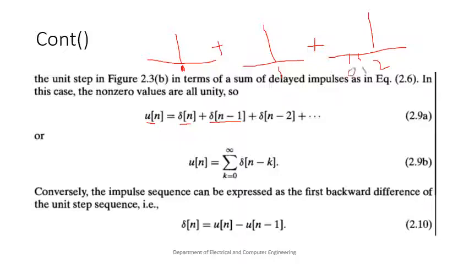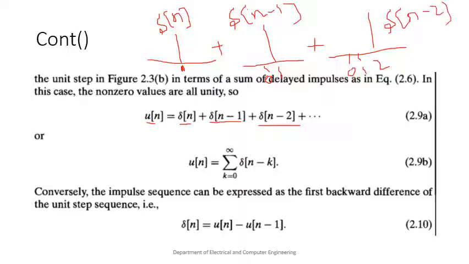So this was the original delta of n. This is delta of n minus 1, and this is delta of n minus 2. If I add these and keep on adding, I will get U of n, that is the unit step.